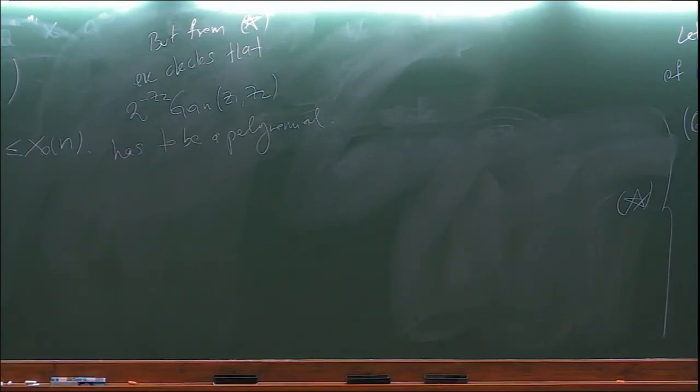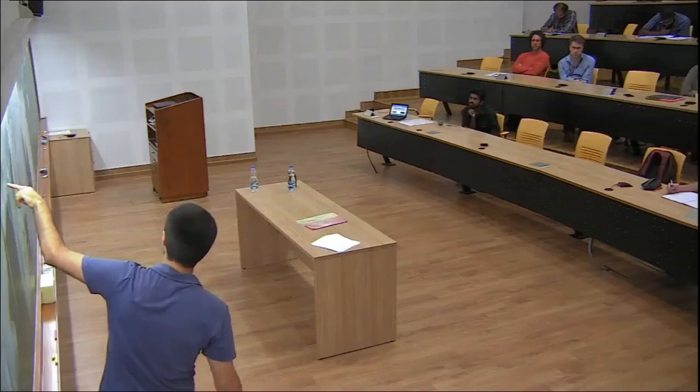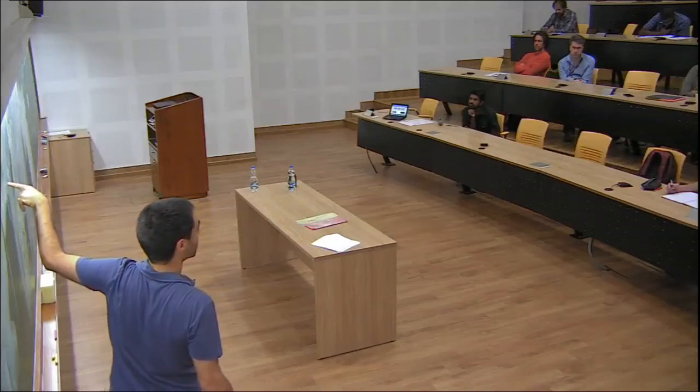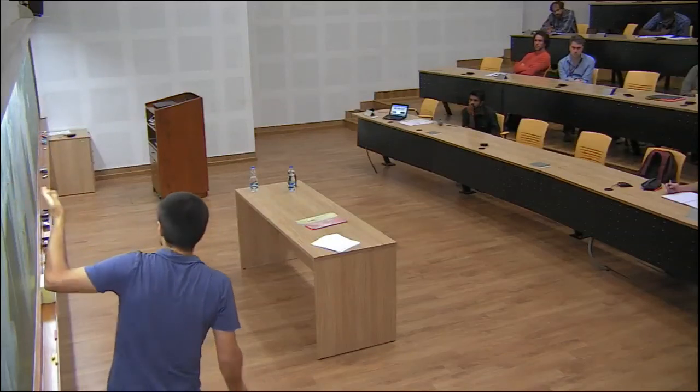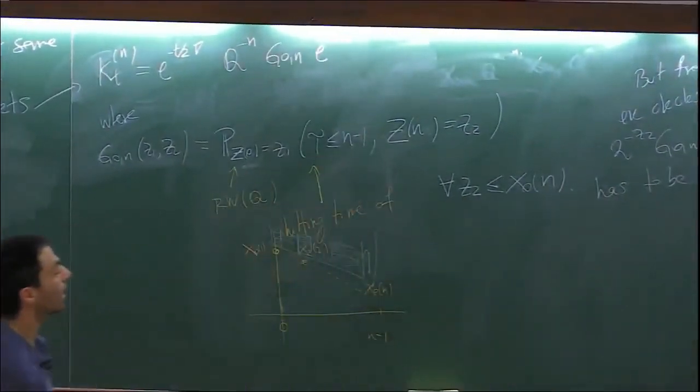And I can check that even though this formula only works for z2 below the curve, it is actually satisfying the same thing. So if I multiply by 2 to the minus z2, this thing is a polynomial. It has to be. I'm saying it here that it has to be, but you can also check it if you want.